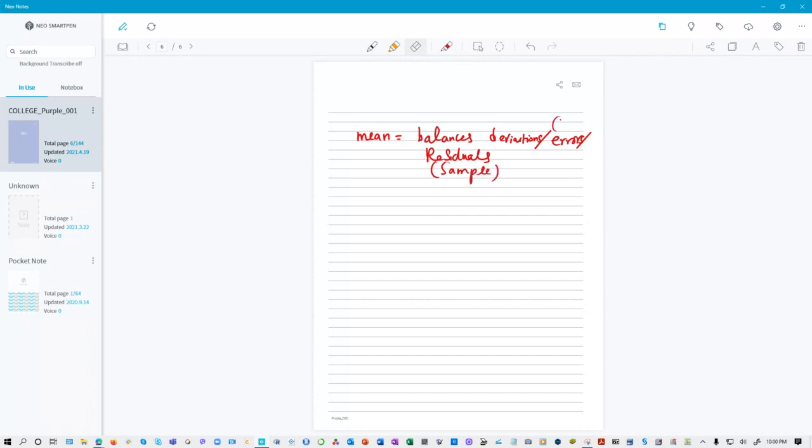We call errors the deviation of the population data point. When they are deviated in the population setting, we call them errors. In the sample setting, when the data point deviated from the mean, okay? Deviations from the mean. So the median does what? Median balances the given data points, data values.